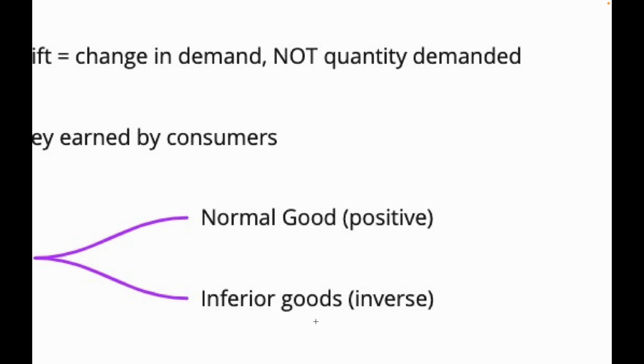They have an inverse relationship with income in regards to demand. So when income decreases, the demand for these types of goods will increase. That's just common sense. If I received a lower income on my job, I would look for alternatives to my normal goods. Instead of purchasing expensive spaghetti from the restaurant, I would go for instant noodles to save up for what I have to spend. So these are normal goods and inferior goods.